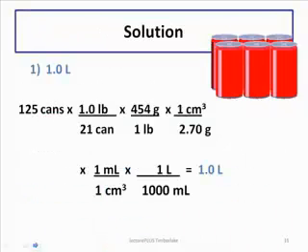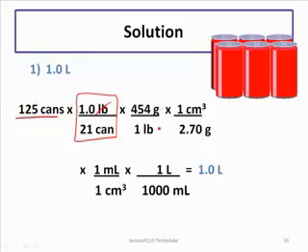So here we have a multi-step problem, and this one kind of runs through here, but you can see we start with 125 cans. Then here's one of the relationships we're going to use from the problem: 1 pound is 21 cans. Now, in order to use our density value, which is in grams per cubic centimeter, we need to convert the pounds, our mass here, into grams.